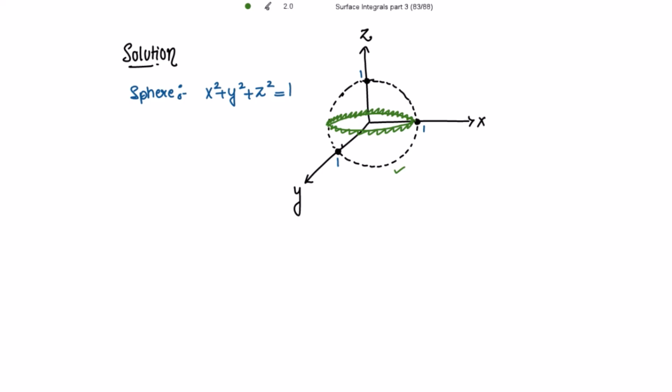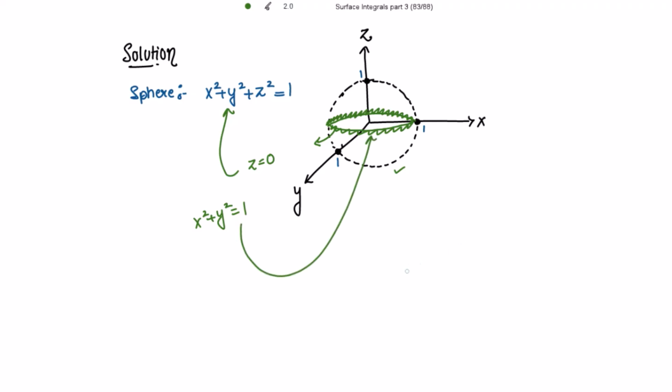Because it intersects the xy plane, z is 0. So if I put z equal to 0 in the equation, I get x² plus y² equal to 1. That is the equation of this circle.